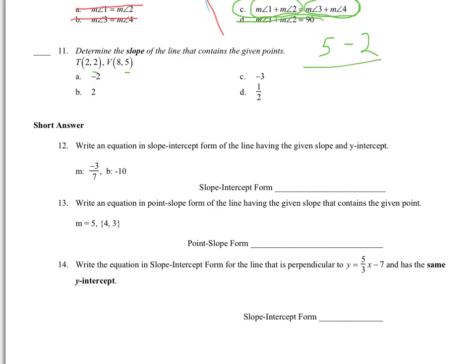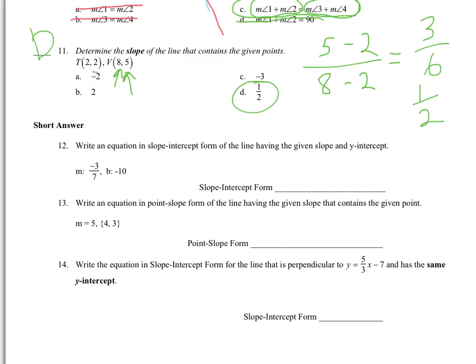We divide that by our x-coordinate, 8 minus 2. Notice I started with 5 as my y, and I started with 8. It doesn't matter which one we pick, but whichever y we start with, we have to start with that x as well. So 5 minus 2 is 3, 8 minus 2 is 6, so my answer is 1/2. That is my slope.